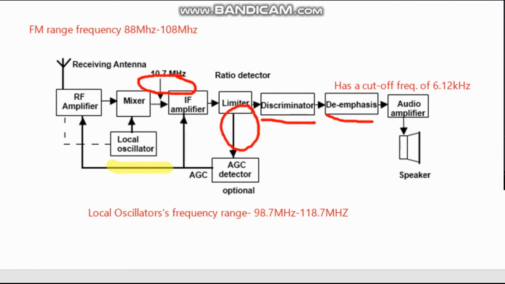It's also important to note that the audio amplifier block consists of AF and power amplifier. So, hindi lang AF, meron din siyang power amplifier. So, bakit? Kasi we cannot directly throw the signal to the speaker since may impedance yung speaker natin.